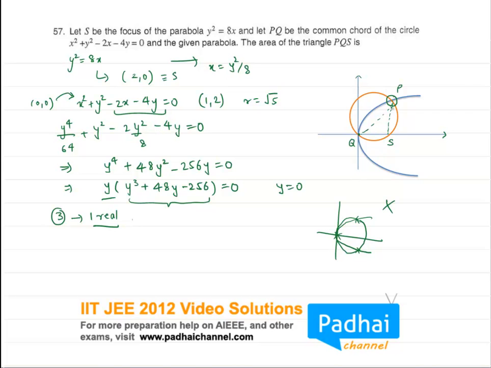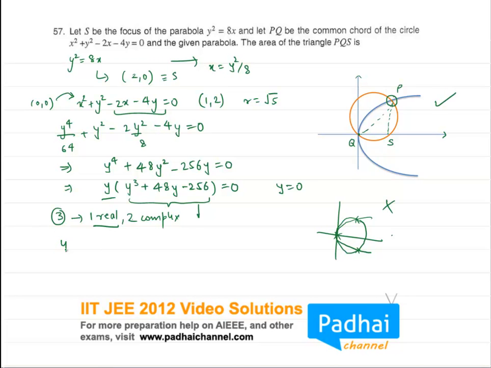Two conics can meet at a maximum of 3 points. So this cubic expression will have 1 real and 2 complex roots. That is why this diagram was ruled out and this diagram will be accepted.